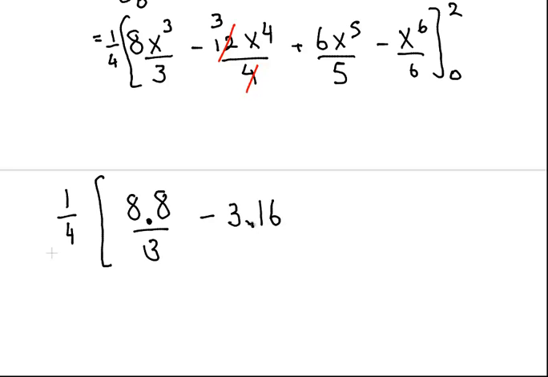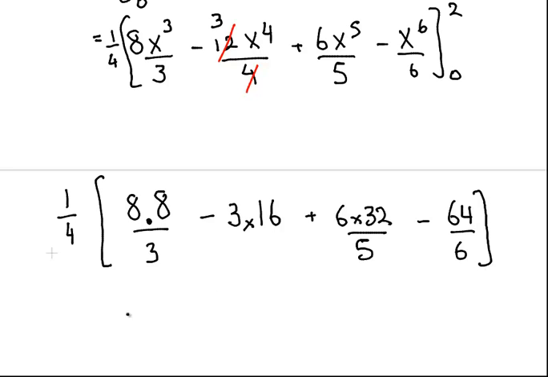That should be a 3 down there. Plus 6x to the power of 5 over 5, so that's 6 times 32 all over 5. Minus x to the power of 6 over 6, so 2 to the power of 6 is 64 over 6.